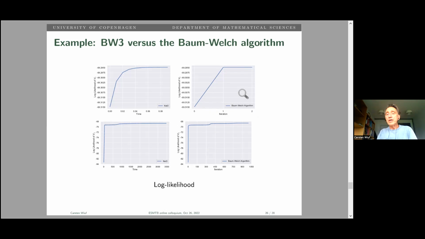It is known that in each iteration of the Baum-Welch algorithm, the log likelihood is increasing. But you see that the two curves are quite similar. So we hypothesize that there might be some connection between the dynamics of the BW3 and the log likelihood, but we have not been able to get anything more detailed out of that conjecture.